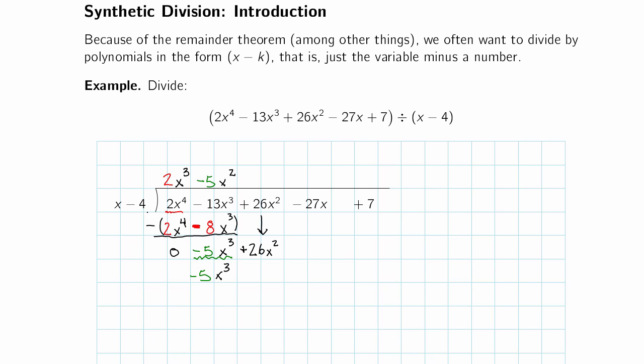Negative 5x squared times negative 4 is going to be positive 20x squared. And now again we subtract. Negative 5x to the third minus negative 5x to the third is just 0. Positive 26 minus positive 20 is going to be positive 6x squared. And then we bring down the next term.